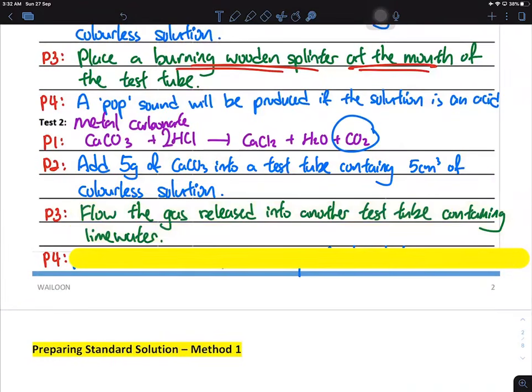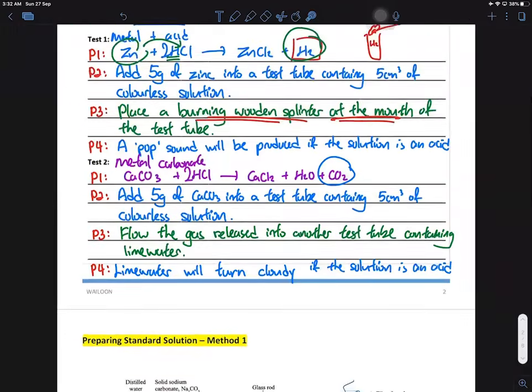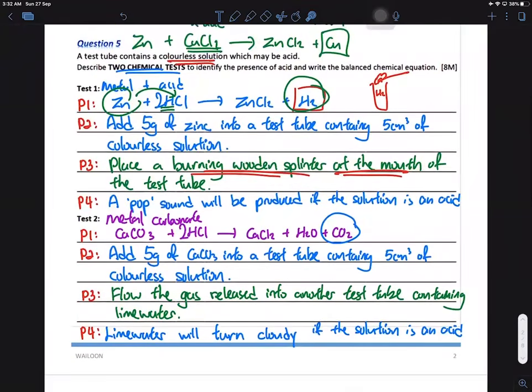And then you're going to deliver the gas, or bubble the gas into another test tube containing lime water. This is how we test carbon dioxide gas. If the lime water turns cloudy, that means the solution is an acid. Okay, so this is the chemical test, the procedure that they are going to ask you.